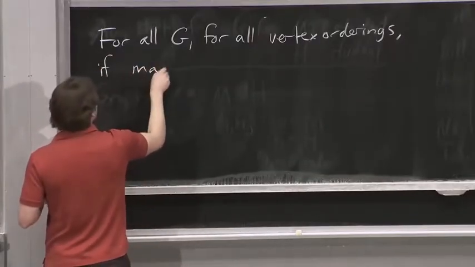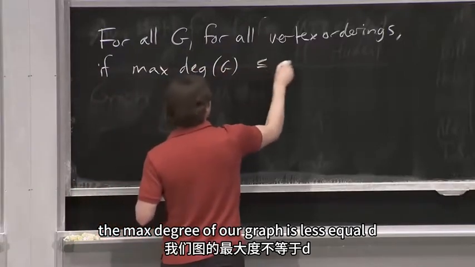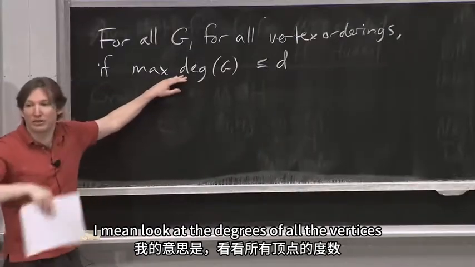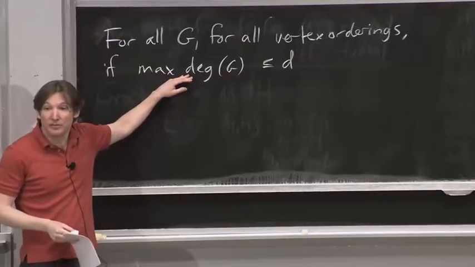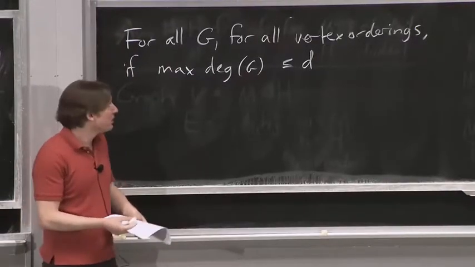if the max degree of our graph is less than or equal to d, by max degree here, I mean look at the degrees of all the vertices and take the largest one. So the maximum of the degrees of the vertices.